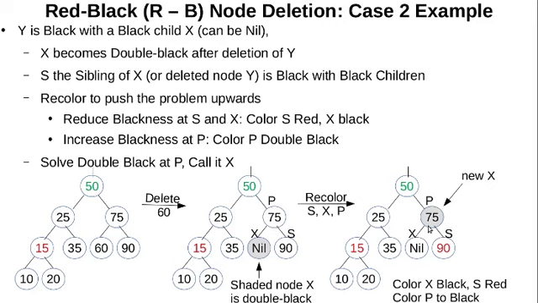In this case, the recoloring process has moved the double blackness from node X to node P. We call node P new X. The applicable case of further processing is identified based on the color of new X's sibling and siblings' children.